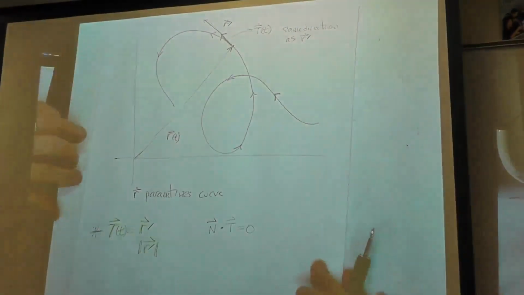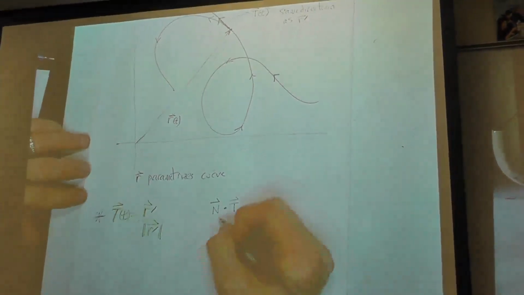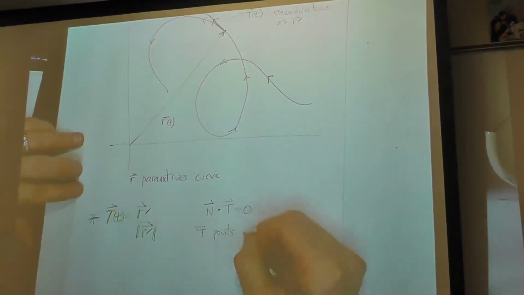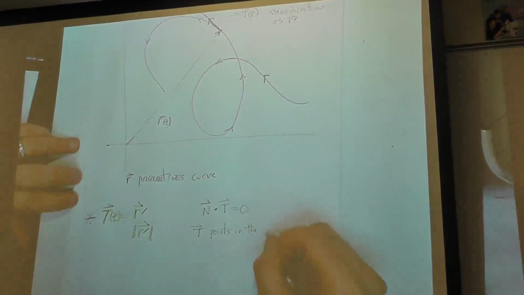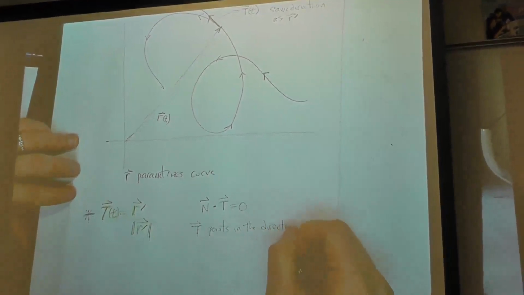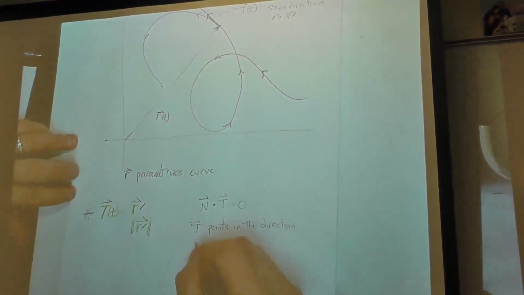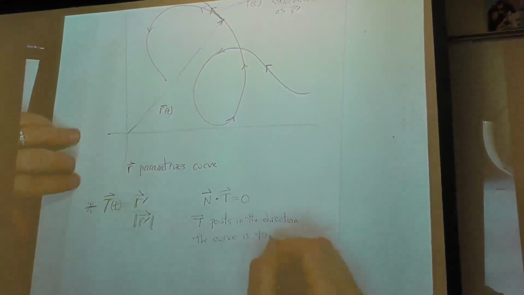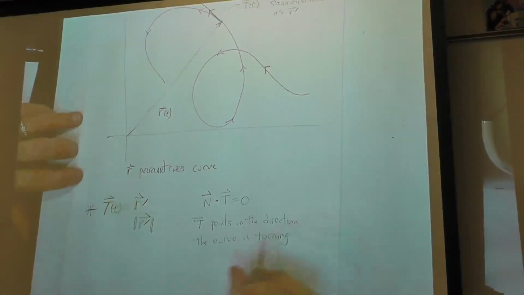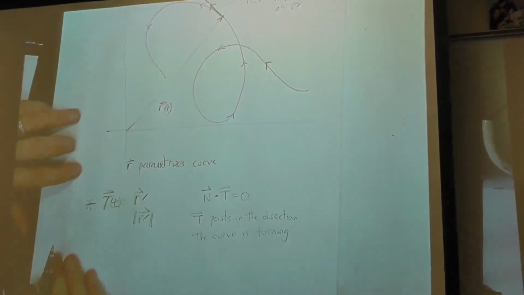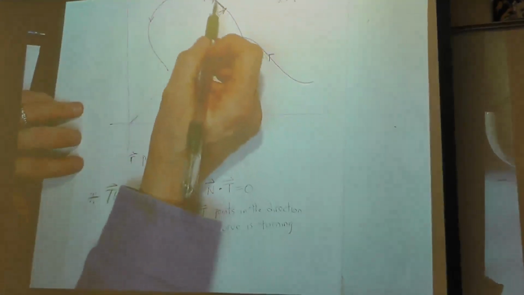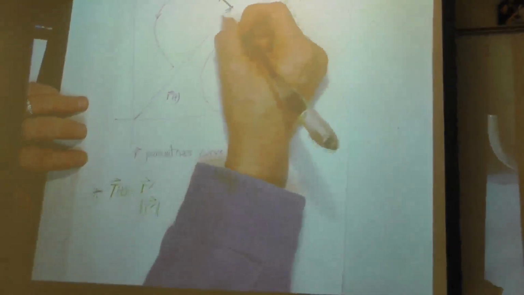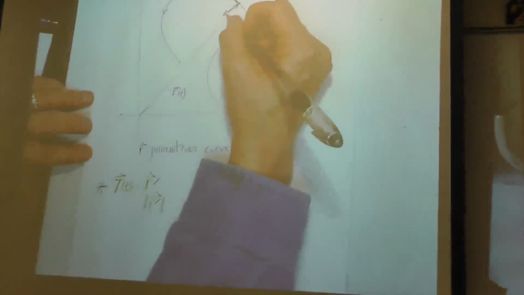Without any explanation, I'll tell you that N points in the direction the curve is turning. So at this point, my curve is starting to turn this way. This is going to be N.